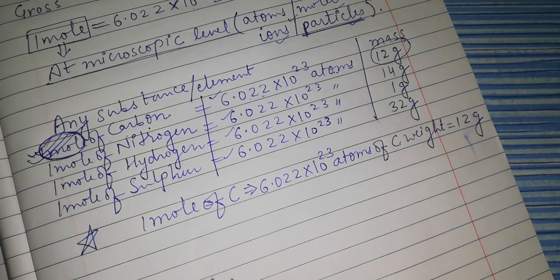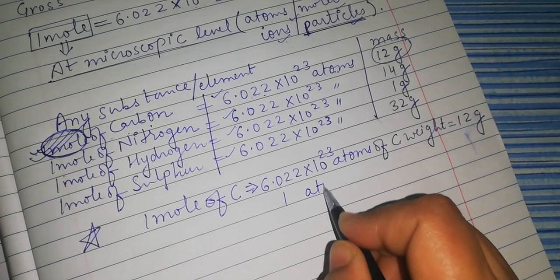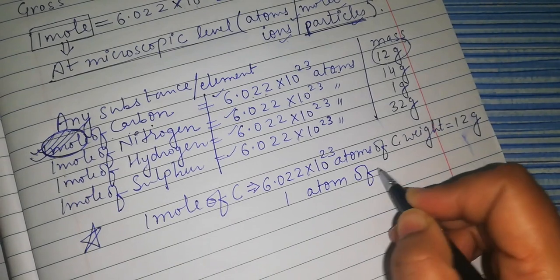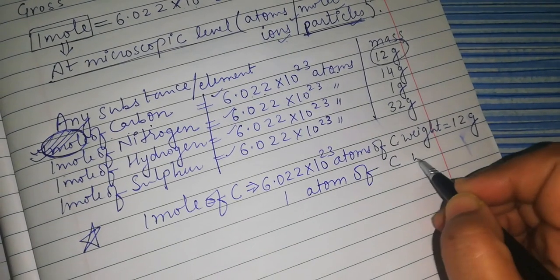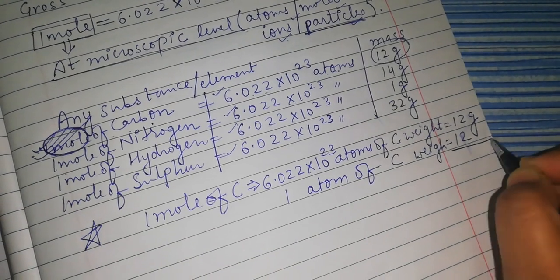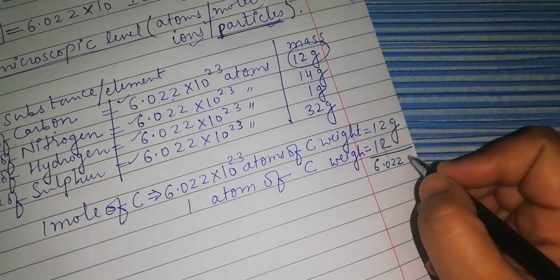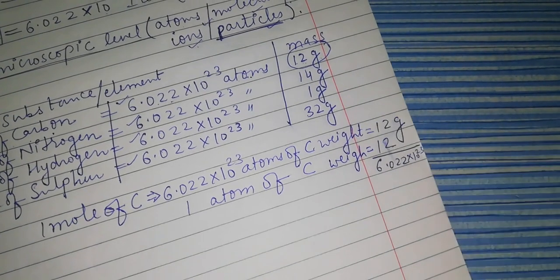So if I want to calculate the weight of 1 atom of carbon, 1 atom of carbon weighs 12 by 6.022 into 10 raised to power 23.